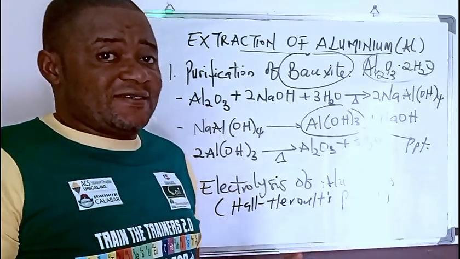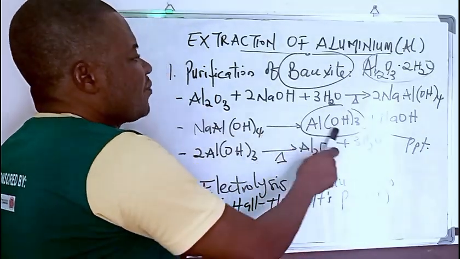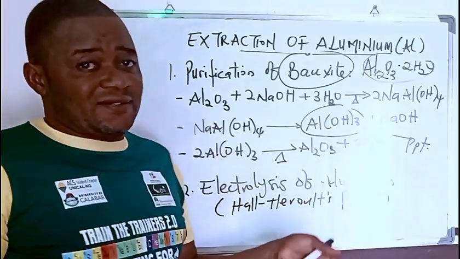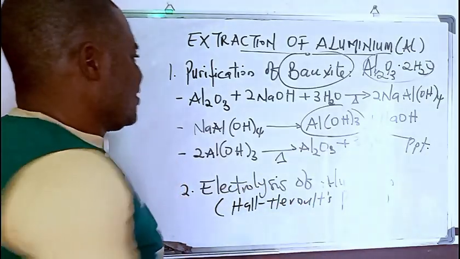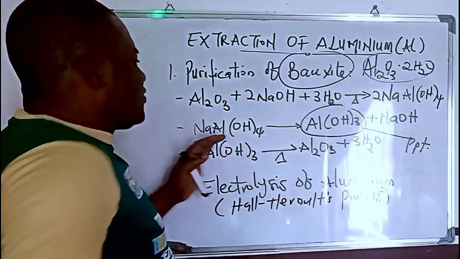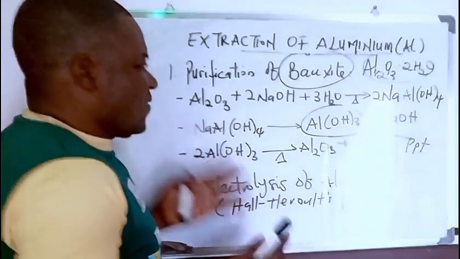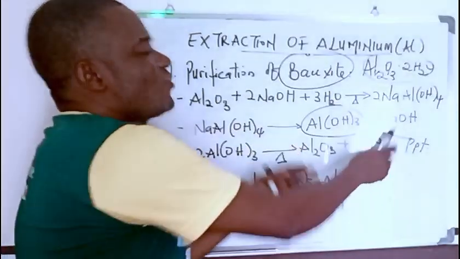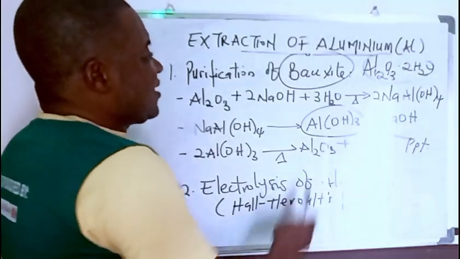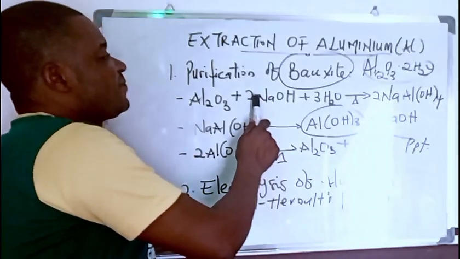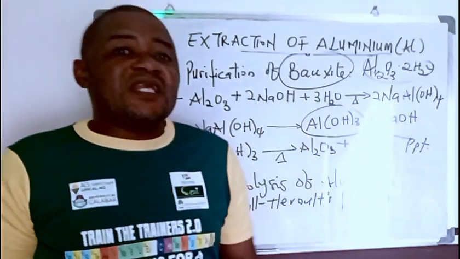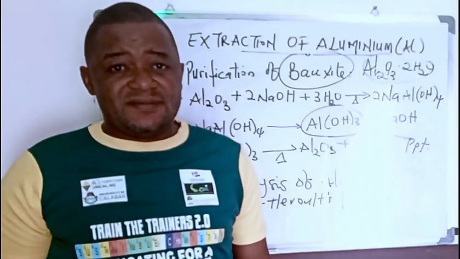and then you obtain a precipitate of aluminum hydroxide. This is more like a decomposition reaction, so to say. So you have aluminum hydroxide collected and sodium hydroxide also collected. It means that the sodium hydroxide that is used with the bauxite can actually be recovered and reused.